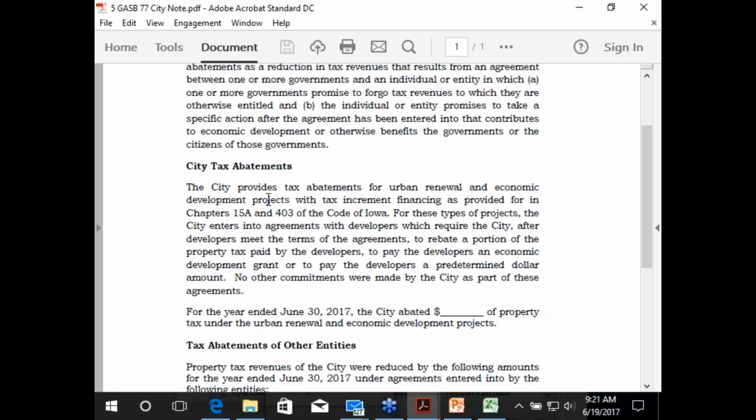And for TIF, there's really 3 different ways that can happen. After the developers meet the terms of the agreements, the city can rebate a portion of the property taxes paid by the developers. They can pay the developers an economic development grant, or they can pay the developers a predetermined dollar amount. It doesn't matter which of those 3 they do. Any one of those 3 results in an abatement.